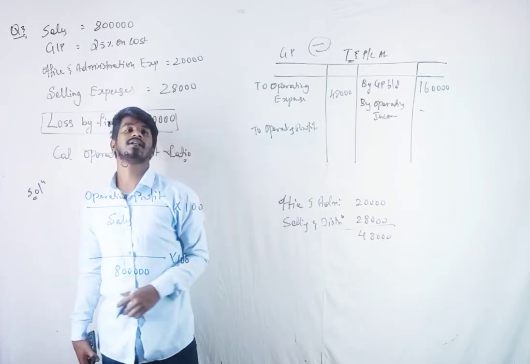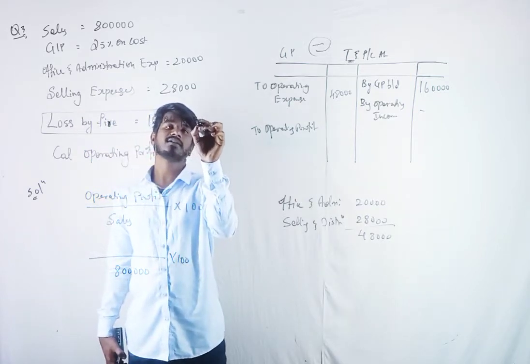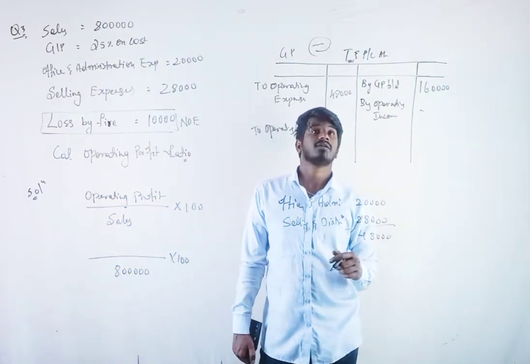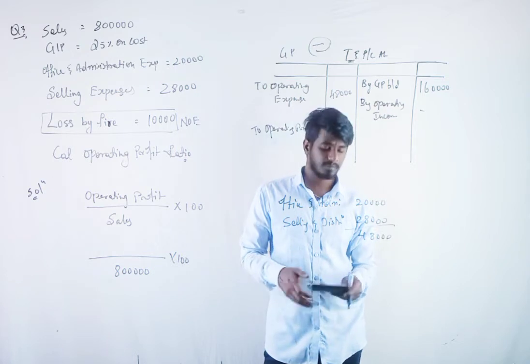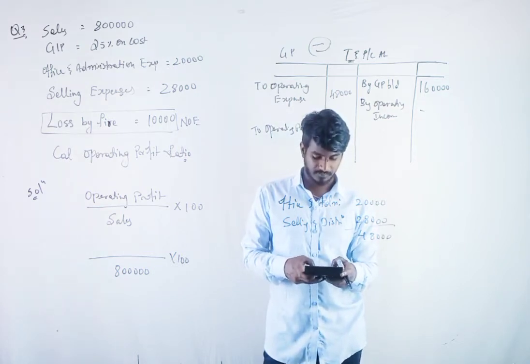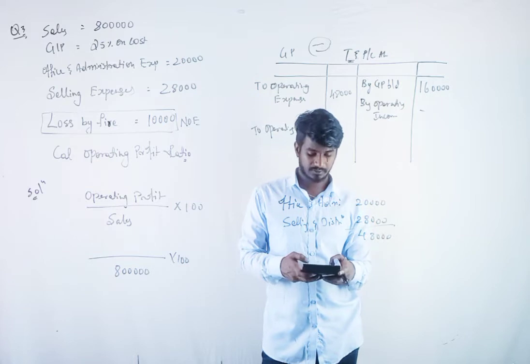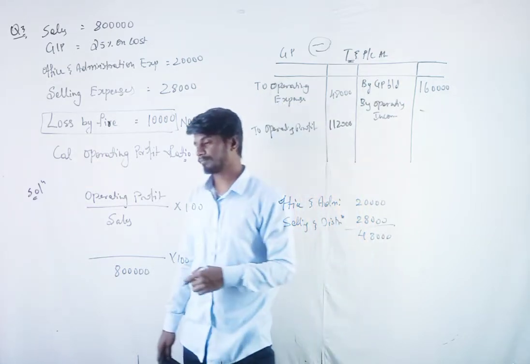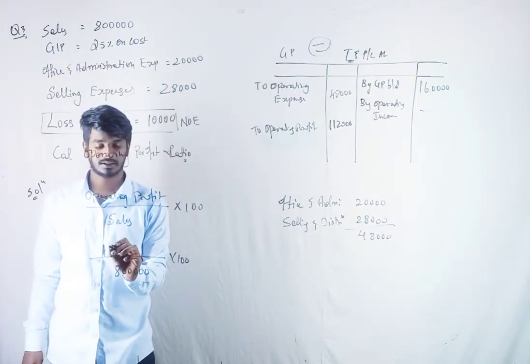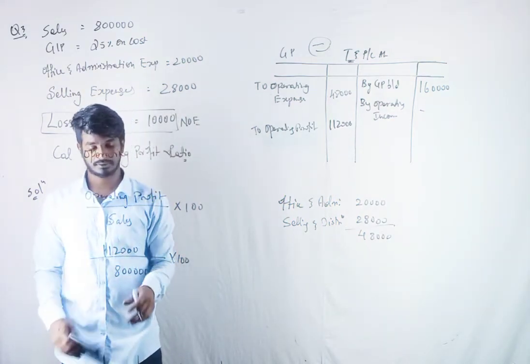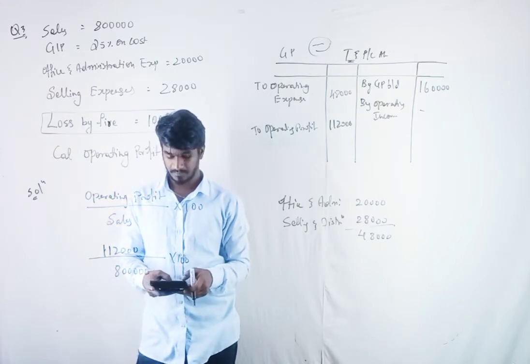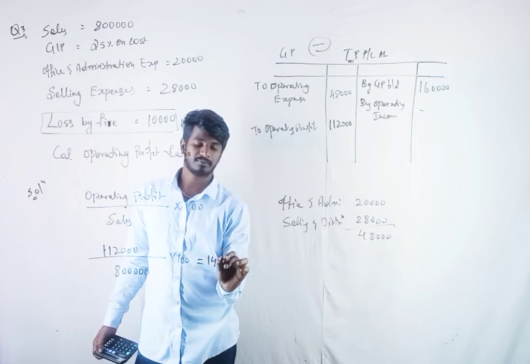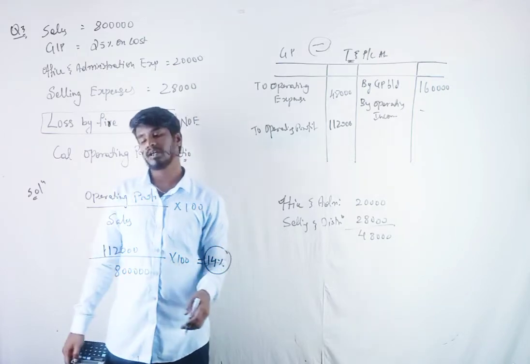It is non-operating expenses, so we won't consider it here. 1,60,000 minus 48,000 is 1,12,000. 1,12,000 is the operating profit. Divided by 8 lakh into 100, it comes out 14%.